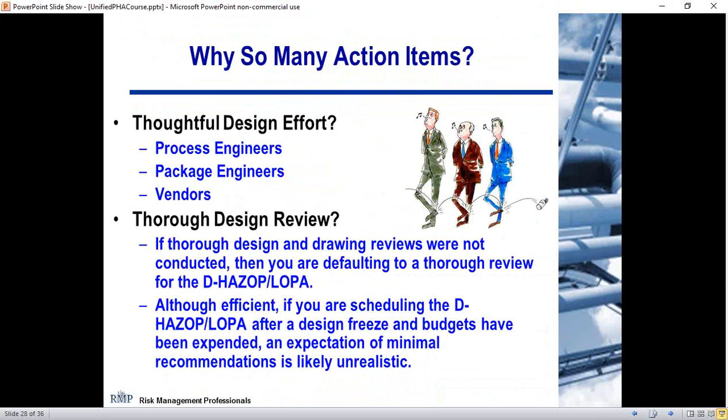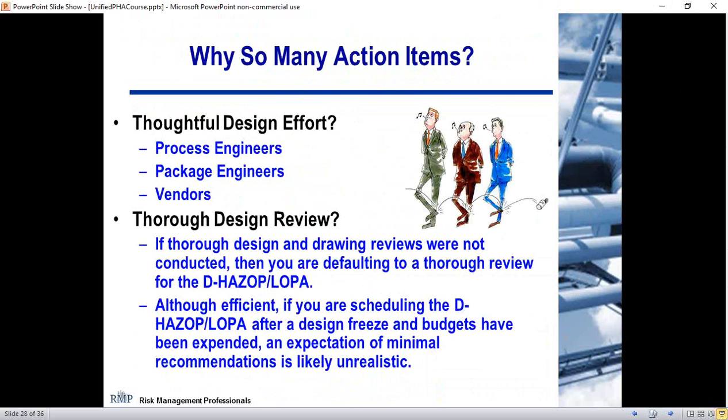Well, that's actually good if you know it's happening that way. But if management doesn't have that perspective and all of a sudden during the design HAZOP and LOPA you're surfacing a lot of these issues that should have been brought up months or years ago, then you've got a lot of people with egg on their faces and a lot of people surprised who don't like to get surprised. And you've got to be able to accommodate that in some manner.